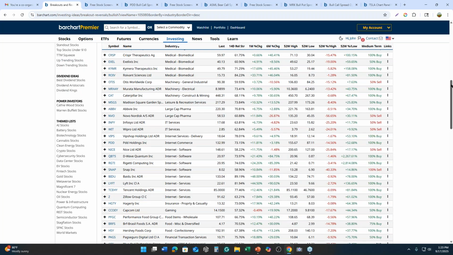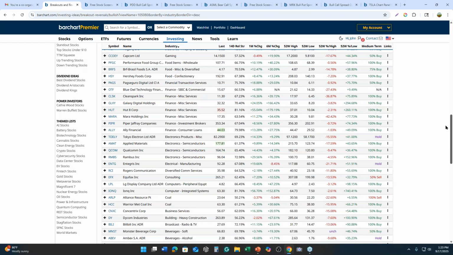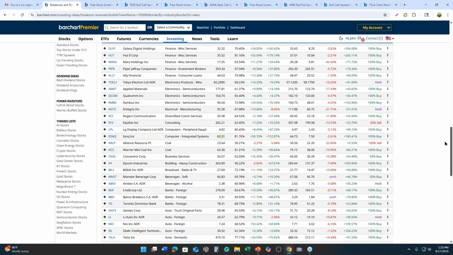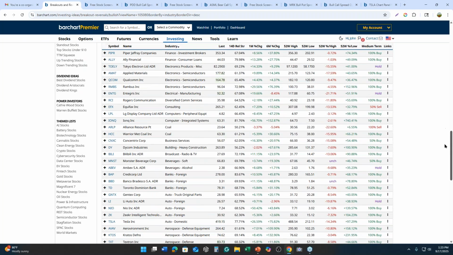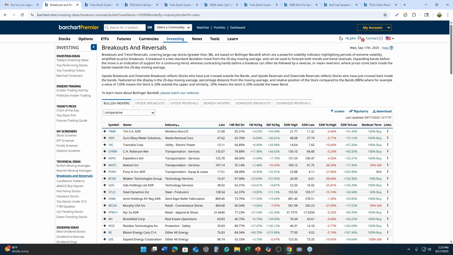So what you can find, as a qualifier of a reversal or a breakout, is if you have multiple stocks in that industry group or that sector. That could be a dynamic shift or a fundamental shift in that market, and the algorithms are picking it up and buying all the stocks or a majority of those stocks in that particular sector. Okay, so that's something to keep in mind.